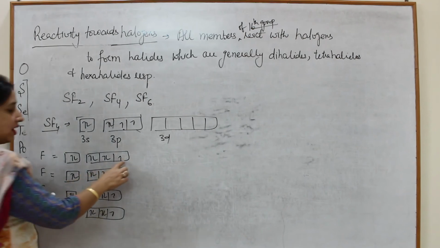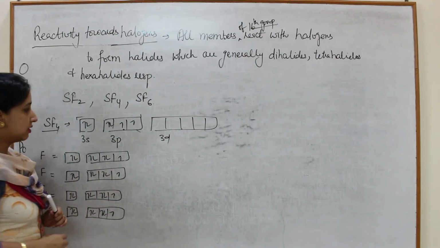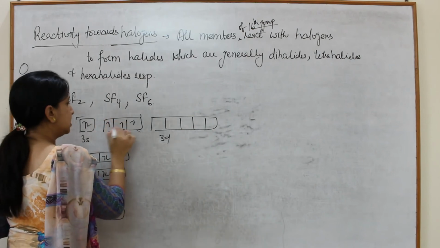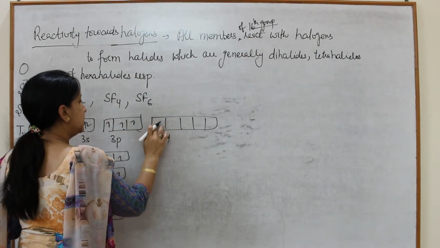Now we require 4 unpaired electrons, so this electron will excite from 3p to 3d.